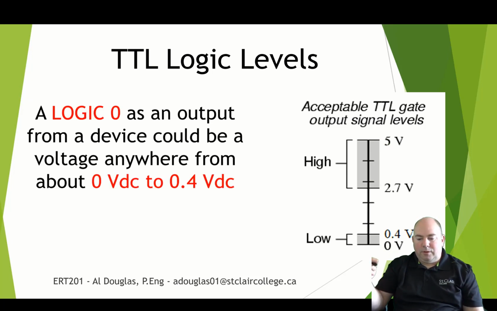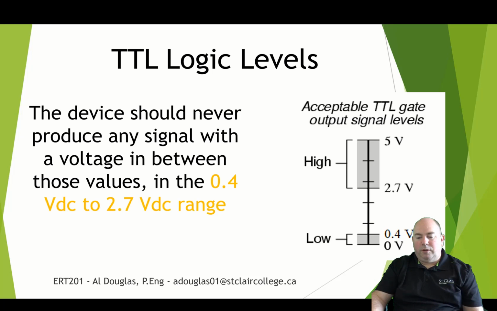Now, similarly, a logic 0 doesn't mean we're going to read absolute 0, no power, nothing leaking out of it. There will be some leakage coming out of that even when it is in the off state, and that could be as high as 0.4 volts. So our off signal could be anywhere between 0 and 0.4 volts.